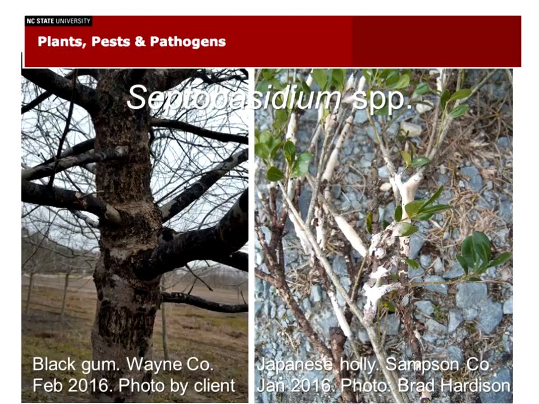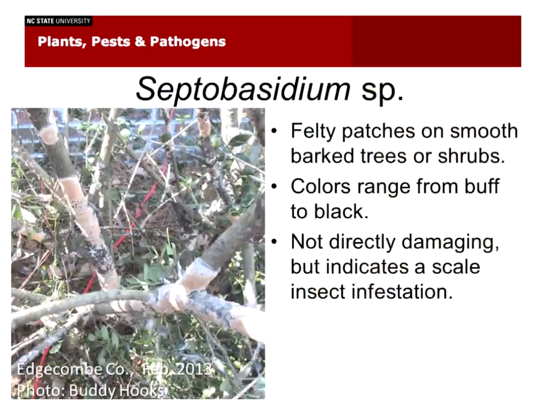So there's actually several species involved. And the interesting thing about the Septobasidium fungi is that they colonize colonies of scale insects. So underneath that you would find the colonies of scale, and the treatment or the control for the fungus is actually by controlling the insects.